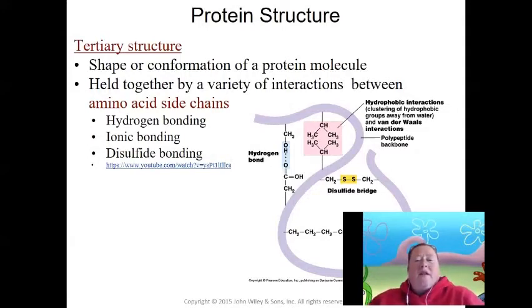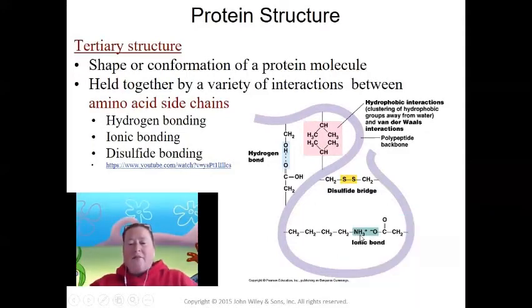And there are lots of interactions that hold these tertiary structures together. We can get some hydrogen bonding between side chains. If we have cysteines, we can get a disulfide bridge, which is a covalent interaction holding these two portions of this structure together.